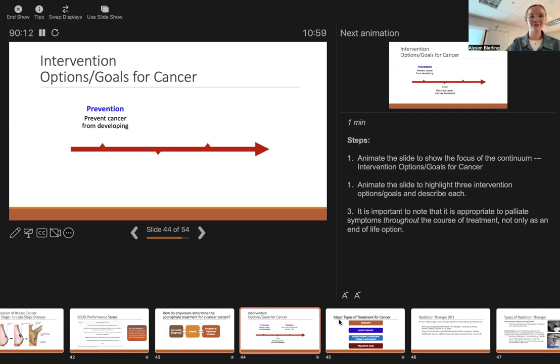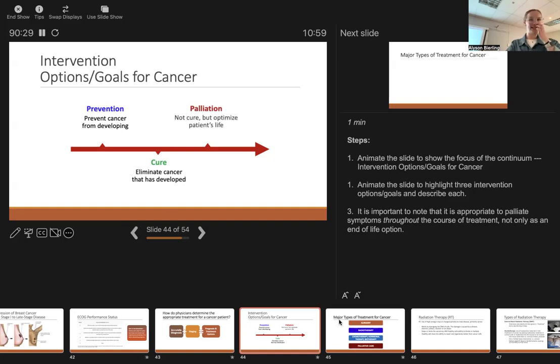Likely we don't have cancer right now, but what are the tools, the things we can do to prevent cancer? And then once a patient has developed cancer, we need to understand if the goal is to cure the cancer or to palliate the cancer.